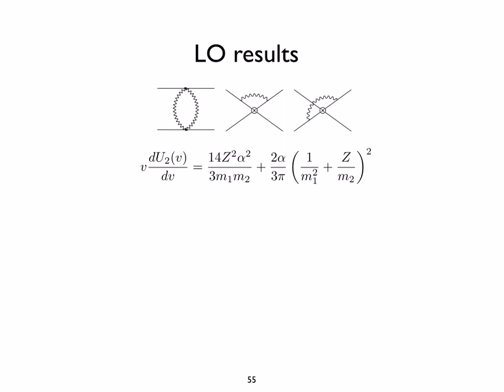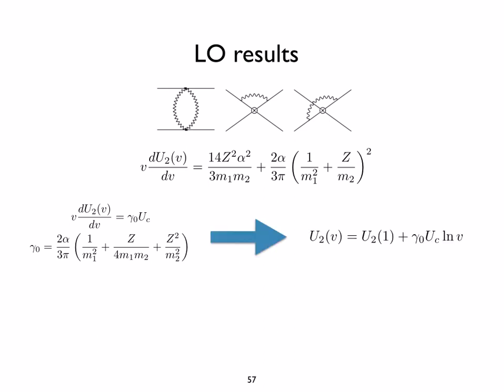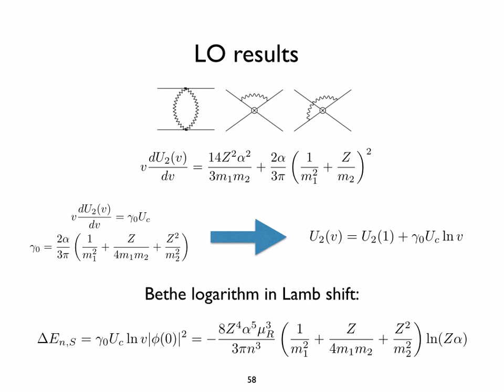Since the right hand side of this equation is constant, we can rearrange variables, and we can write our renormalization group equation in the following way. The solution is pretty simple, and to obtain the correction to energy levels we just have to multiply this solution by the wave function at 0 squared, which will give us the correction of S levels and therefore the Lamb shift.